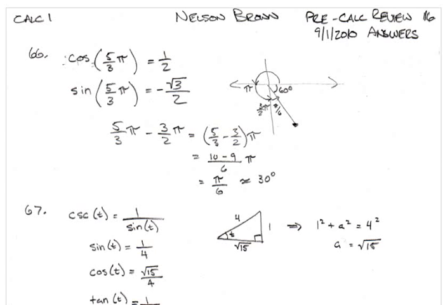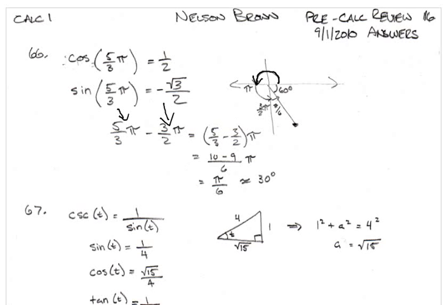I would say that 5 over 3 pi is greater than 1 pi, right? So I know that I have at least half a revolution. Is it more than 3 over 2 pi? Well, let's see.